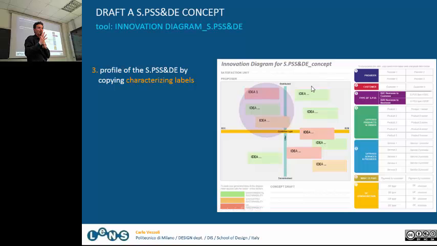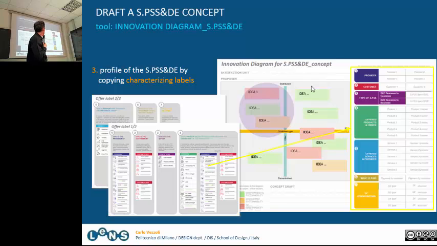And when this is made and you have selected, again you will be using these labels to identify that it is maybe a use-oriented BSS, that the customer is this, the producer is this one, which are the products and the services that you are offering in your first idea, what is the type of payment you have thought of so far, and which is the DA configuration, so which are the DA types that you have been considering, just distributed renewable energy or even distributed production, and what is the configuration.